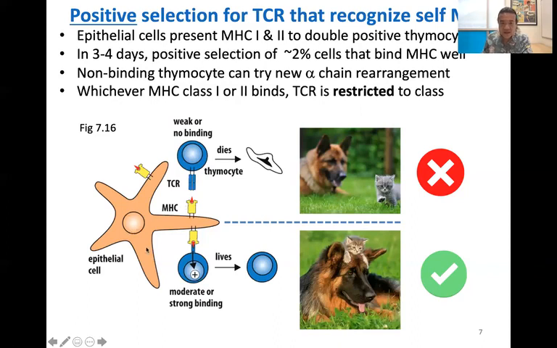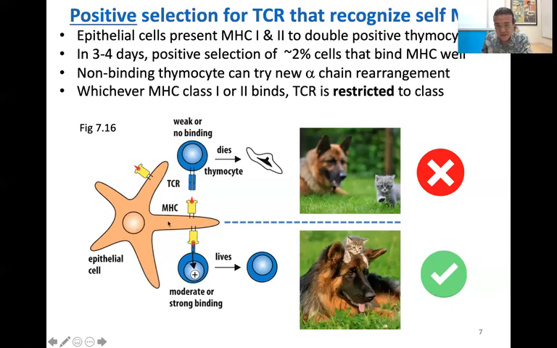So this epithelial cell is one of these cells inside the thymus that's now presenting. So this would be in the lower medullary region of the thymus. The T cell over here successfully made its TCR in the cortex region, and now it's getting trained at the bottom.